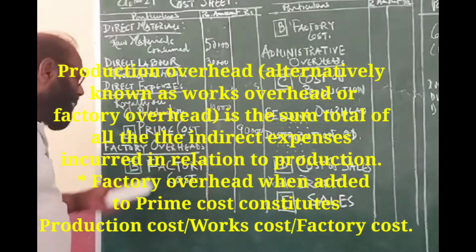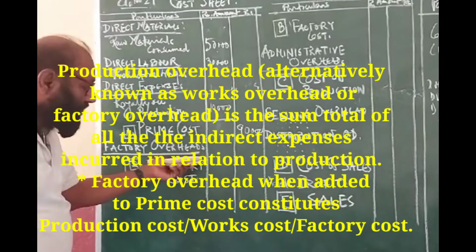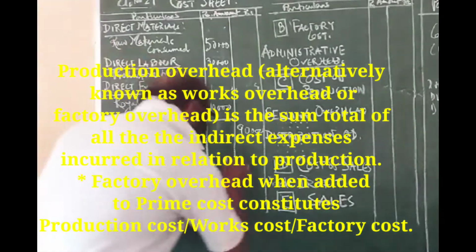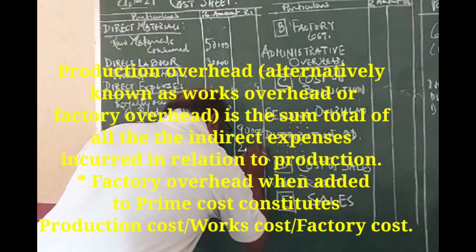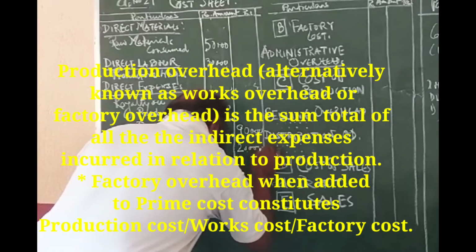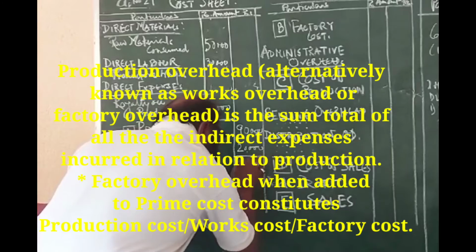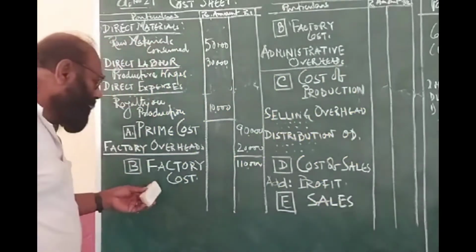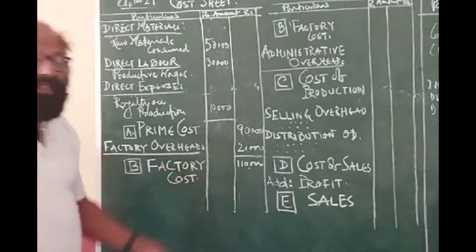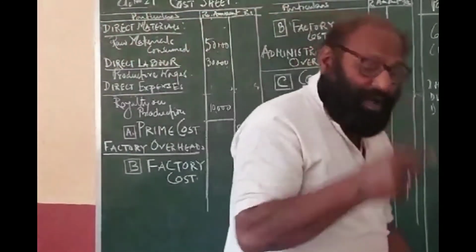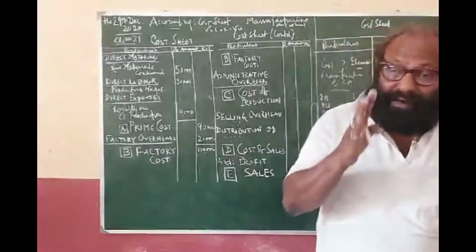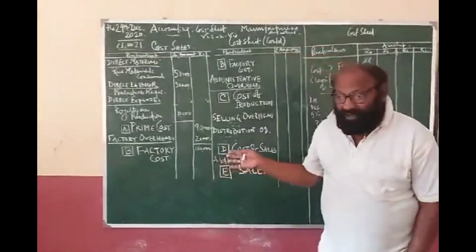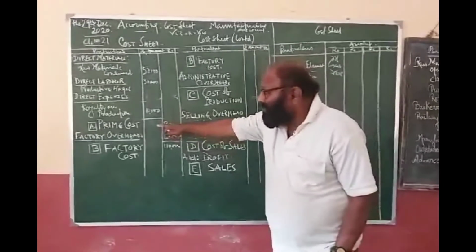Clear? Now the different heads, I have not mentioned the items separately, but the production overhead stands at 20,000. Then it is the total factory cost, so you will have got the factory cost. Now factory cost has got two parts. Try to clear it minutely. Factory cost has got two wings. One is prime cost.